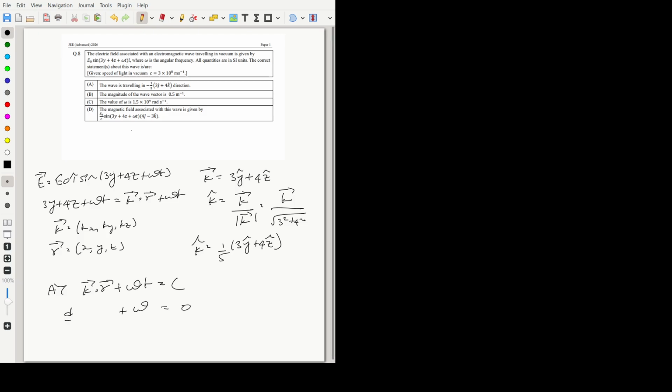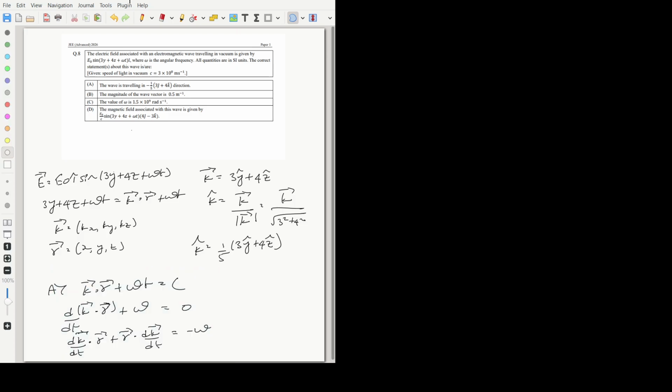Standard derivative rules apply to the dot product. So I end up getting dk over dt dot r plus k dot dr over dt equals omega.